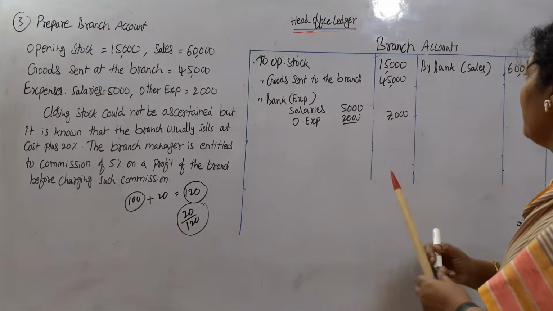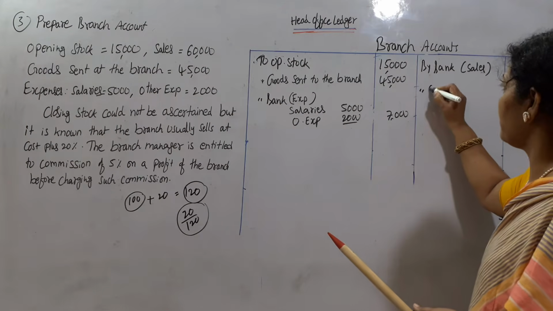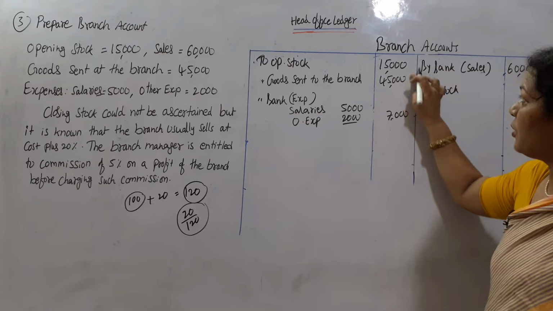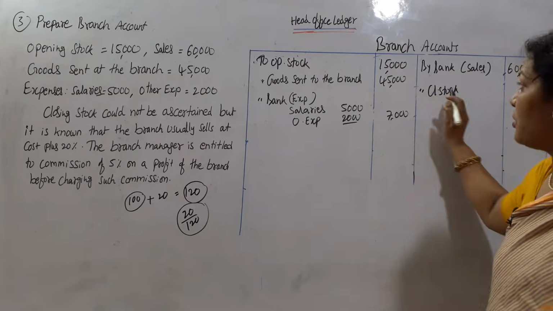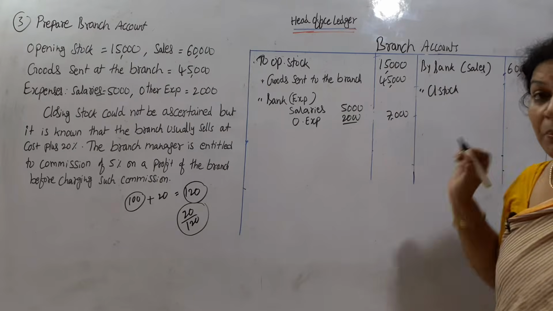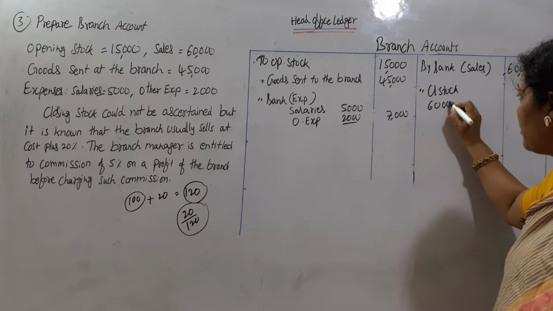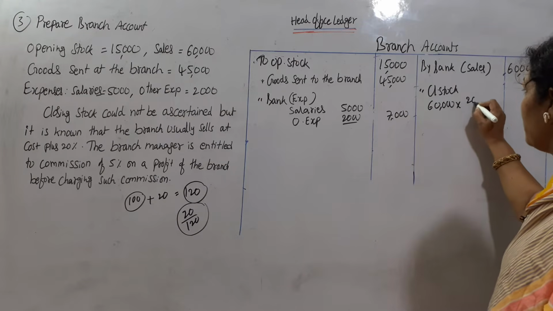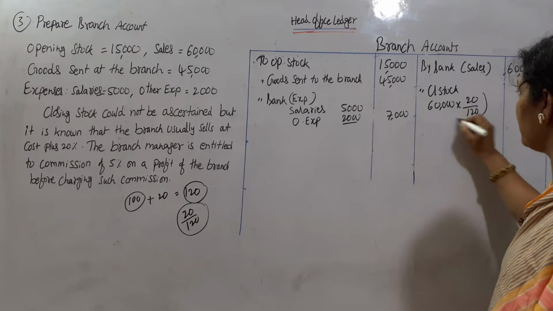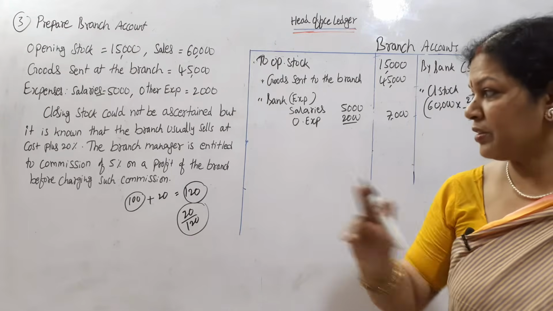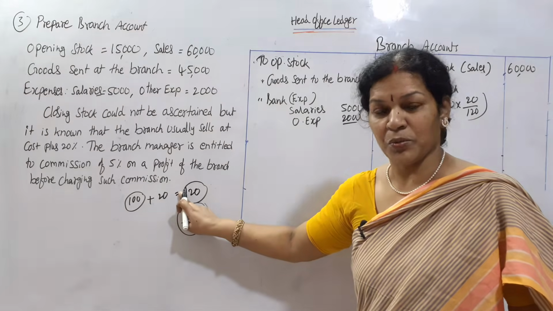Now you see how we can find the closing stock. Together on opening stock total, 15,000 plus 45,000 comes to 60,000. On 60,000 calculate this 20 by 120. Generally we could have taken 20 by 100 only, but they are saying cost plus 20.